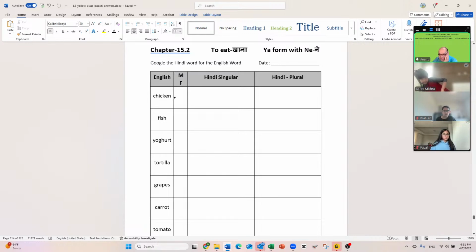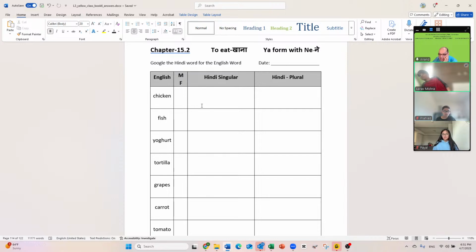Got it? So then I want you all to write a sentence on Google Translator. For example, I ate chicken. Okay. And when Google Translate gives you the word, for example, if I say I ate chicken, what is the Hindi word for chicken, Arav? Murgi.